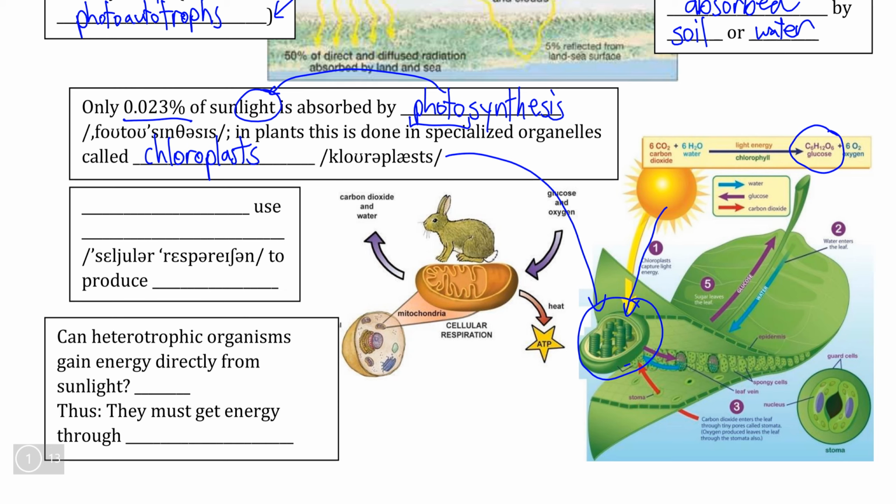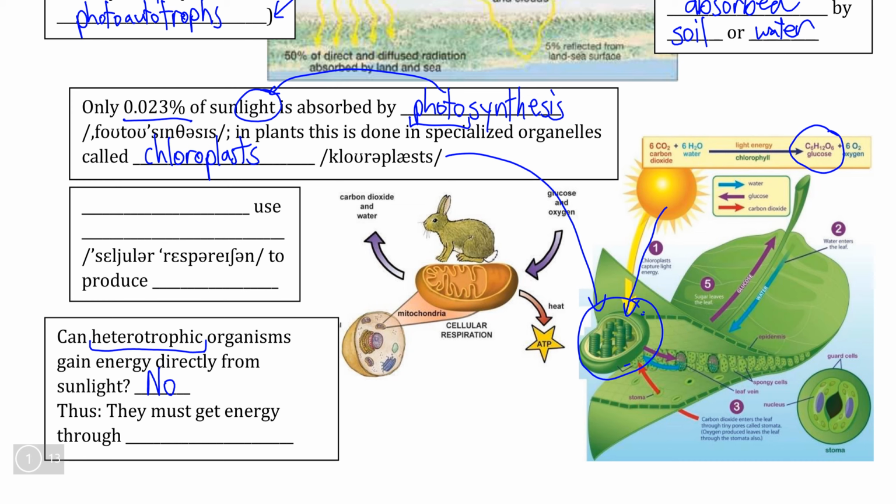Now, if you're not a photoautotroph, that means that you're out of luck, which means anything that isn't a photoautotroph does not have this structure here. So humans, for example, are an example of a chemoheterotrophic organism, which means that, like all other consumers that are not photoautotrophic producers, we cannot get our energy from the sun directly.